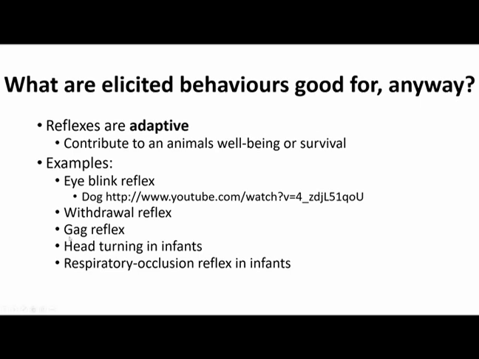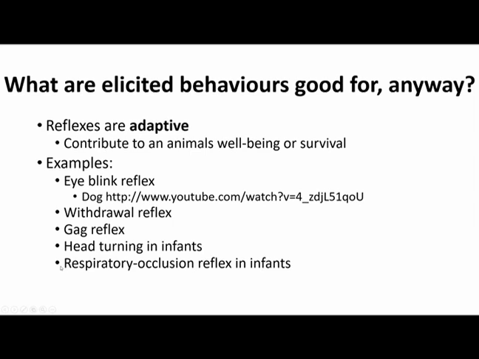Things that cause us to gag are things that our bodies might choke on, so it is helpful to try and stop that from happening, hence the reflex. Head turning in infants actually helps them feed because they're going to turn their head towards what might be a way of receiving milk.